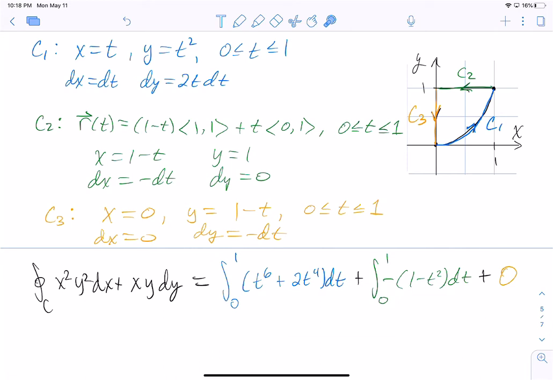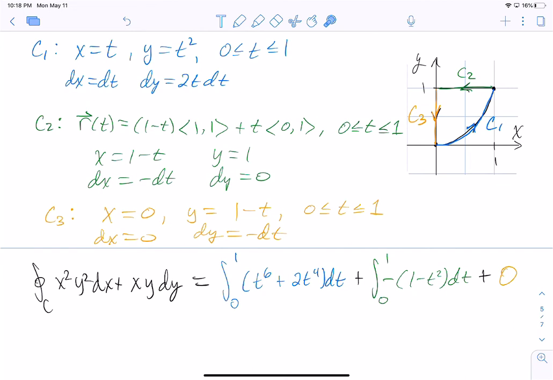Substituting our expressions for x squared y squared dx plus xy dy for C1 is going to give us t to the 6th plus 2t to the 4th dt, because we have x squared y squared times dx plus xy times dy.